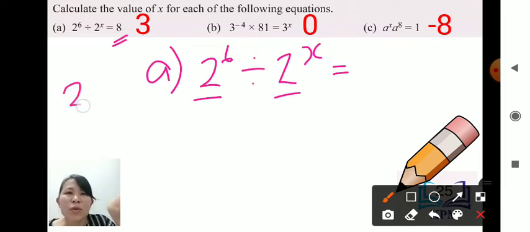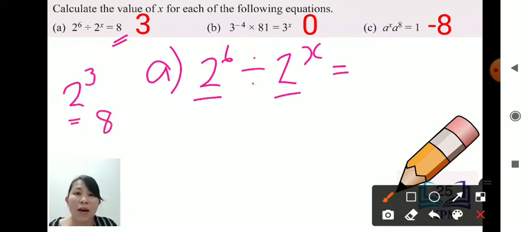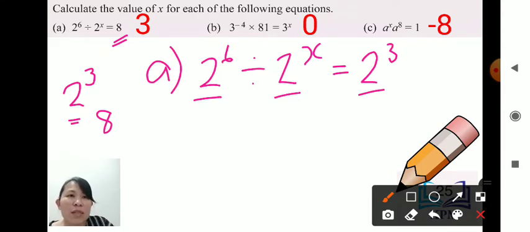Just now we said 2 cubed is equal to 8, so you can change 8 into 2 to the power of 3. Now the bases are equal, and we can compare the indices to find the value of x. Because this is a division, we subtract: 6 minus x is equal to 3.